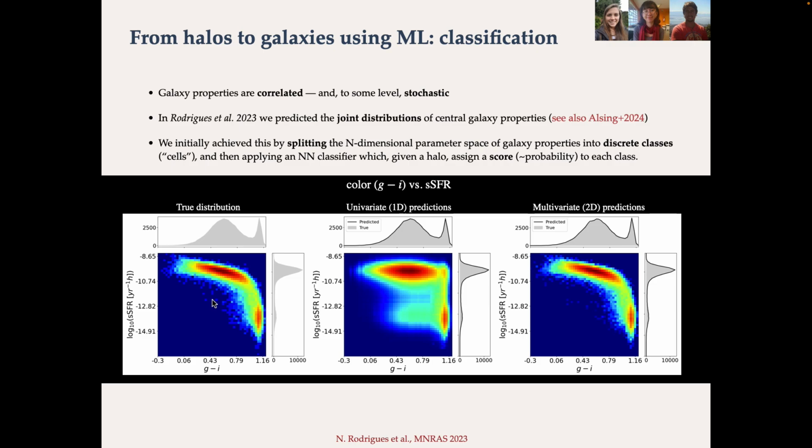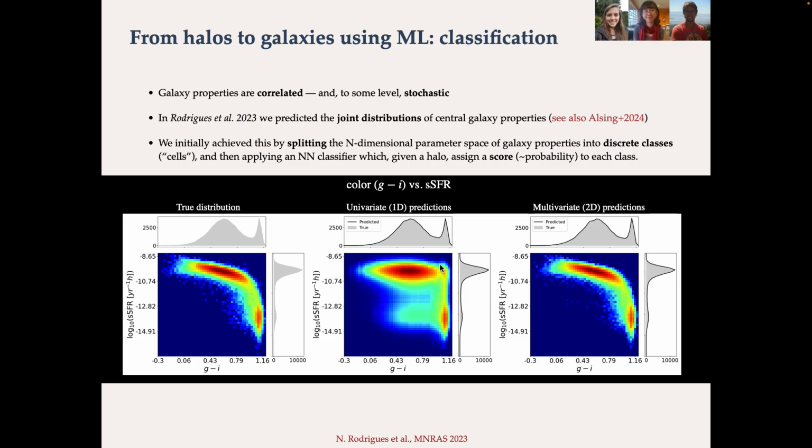So basically for each dimension, you make a grid, and then you look at the cells, and you apply a neural network classifier, which assigns a score to each class. That means to each point in this parameter space. So this improves dramatically the accuracy of the predictions. On the left, you see the true distribution for color and star formation rate.